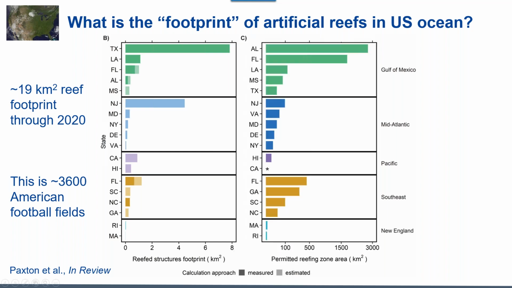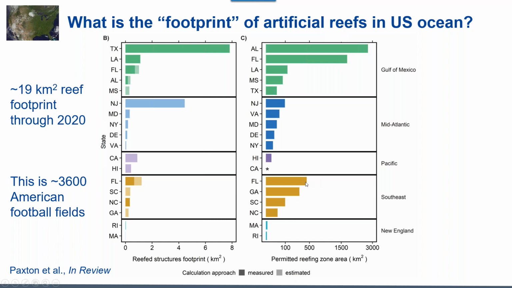However, as I alluded to earlier, and many of you are fully aware, there are larger portions of the seafloor that are permitted as zones where artificial reefs can be deployed. And so this figure on the right is now, notice the difference in the y-axis, showing the permitted reef zone areas. And we see that Alabama has the largest, followed by, in the Gulf of Mexico, for example, Florida.